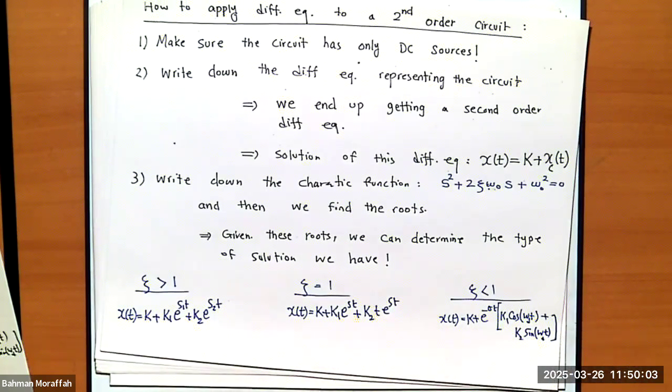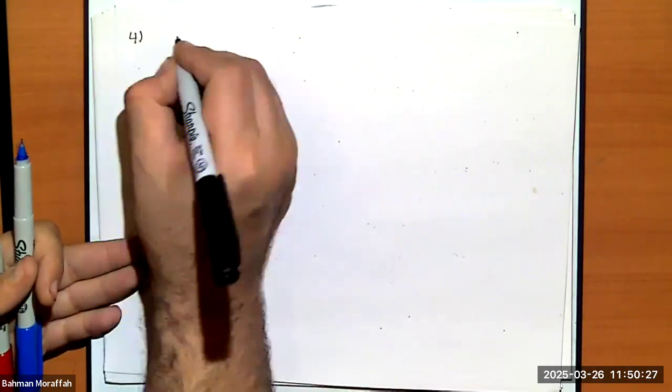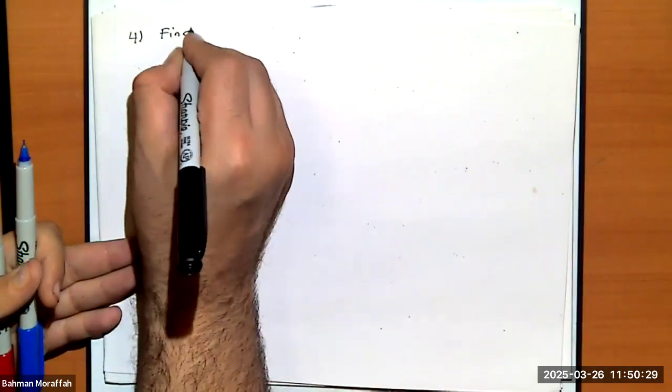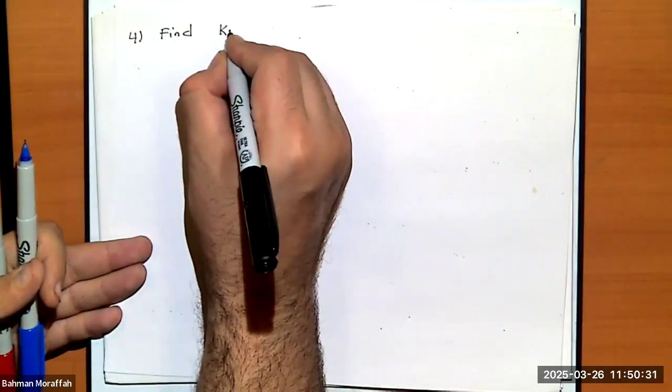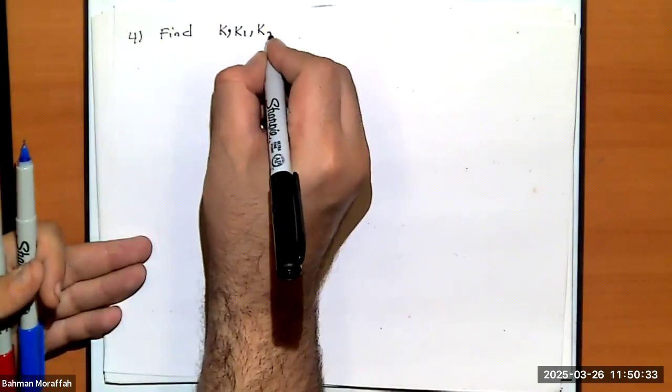Right? All we have to do is find k, k1, and k2. Right? And we know this k, k1, and k2 are imposed on us by the circuit. So the next step is to find k, k1, and k2.